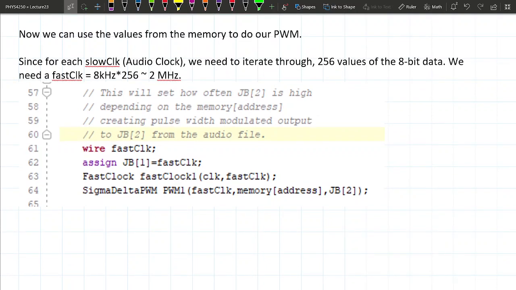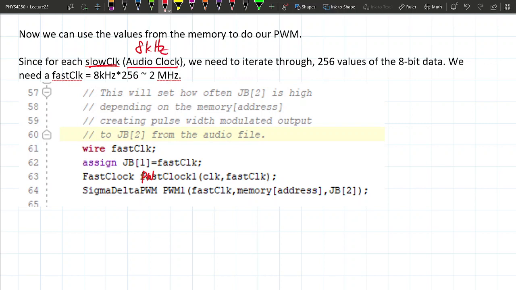And this is where I wish this didn't update for some time. And it's not going to update now that I wrote on it also. So just know that the slow clock is called the audio clock, and that's the one that's at 8 kilohertz. So you need 2 different clocks.